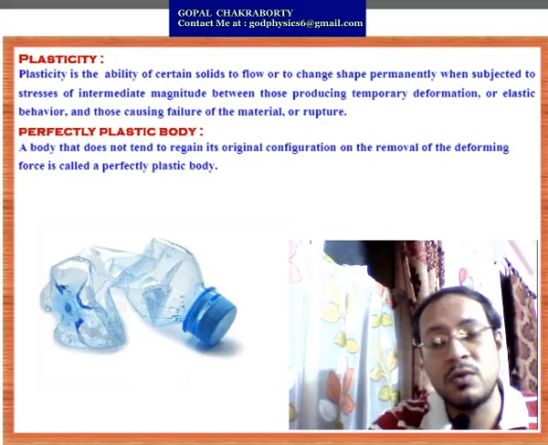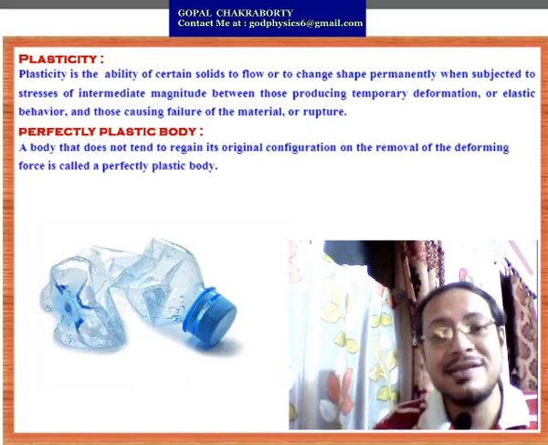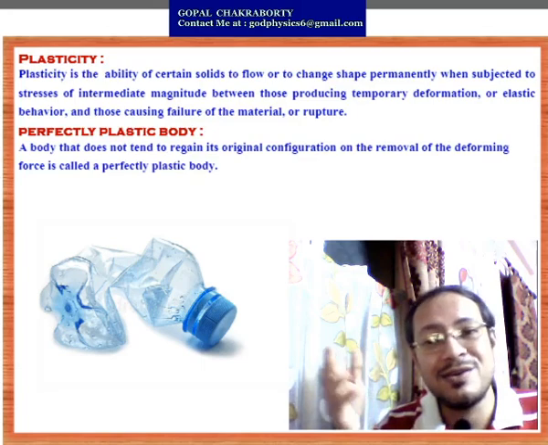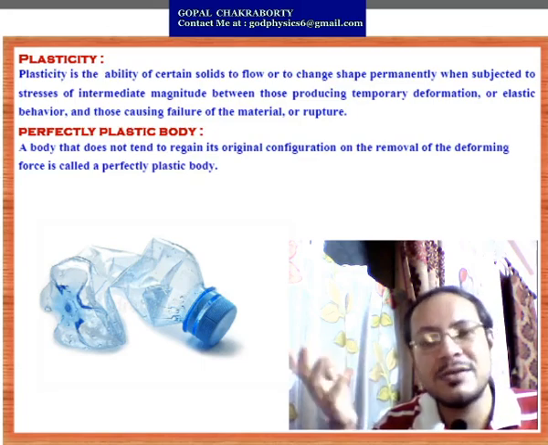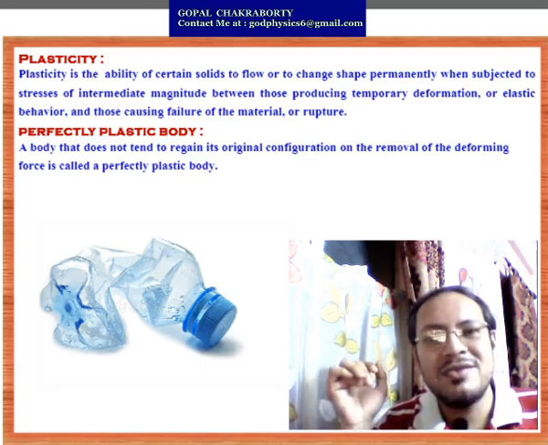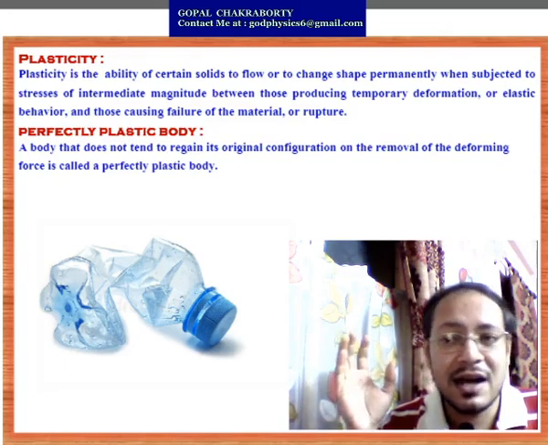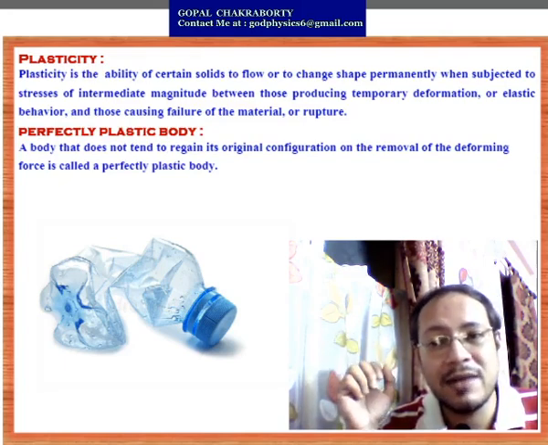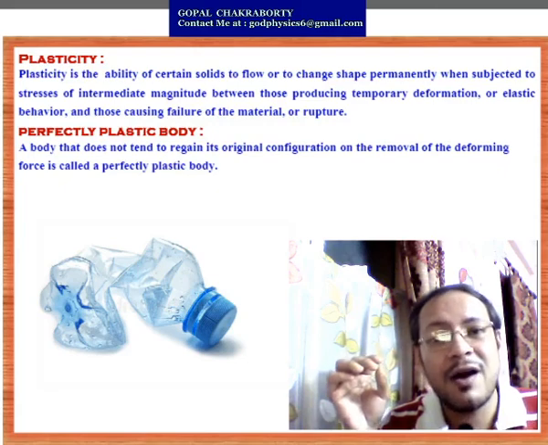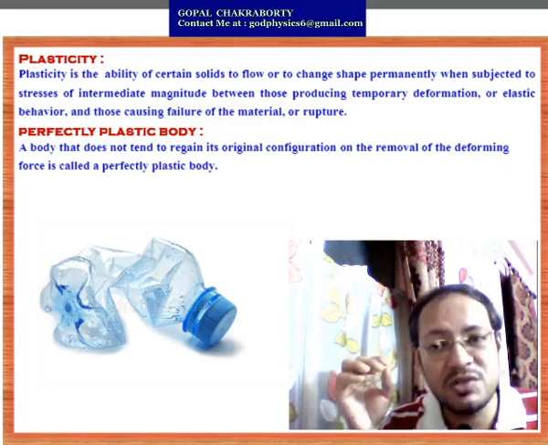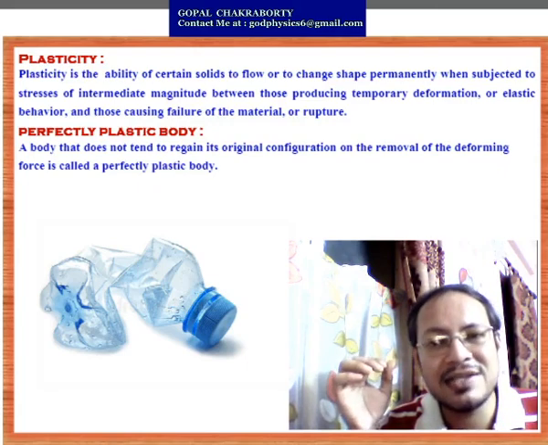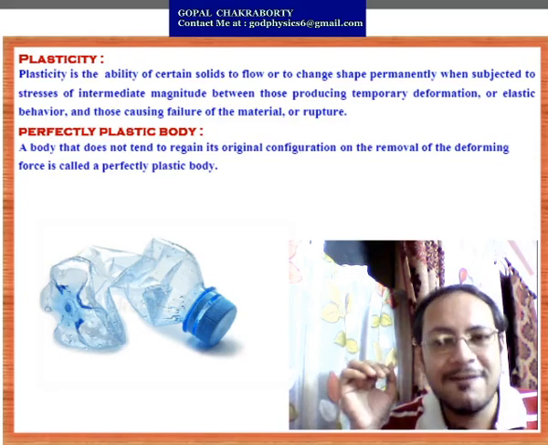As you know, elasticity is a property of the material. Here, plasticity is also a property of the material. Plasticity is the ability of a certain solid to flow or change shape permanently when subjected to a stress of intermediate magnitude, between those producing temporary deformation or elastic behavior and those causing failure of the material or rupture.